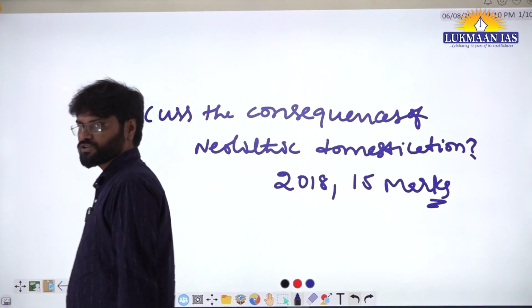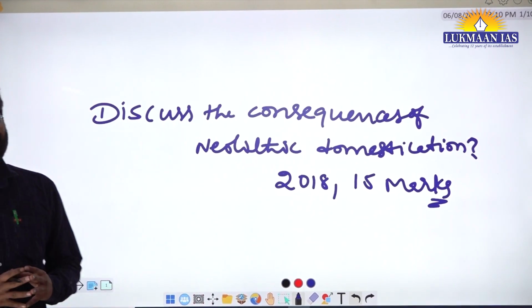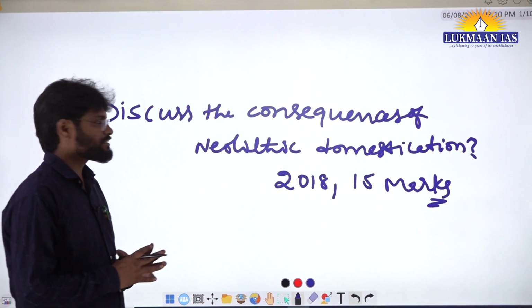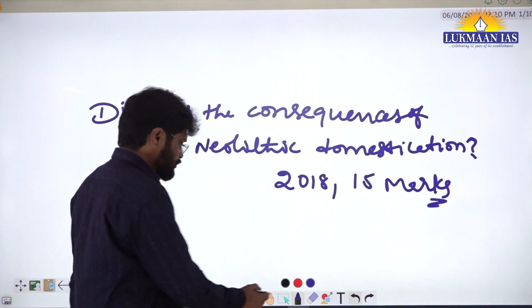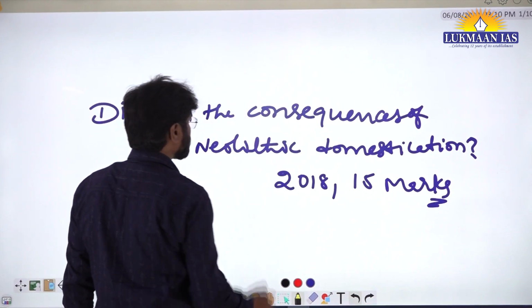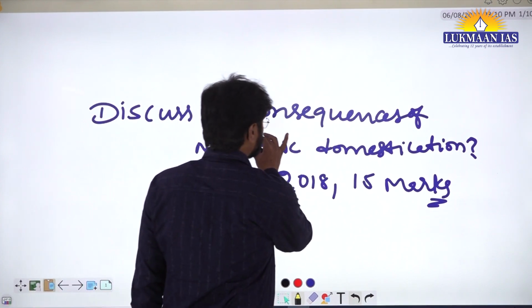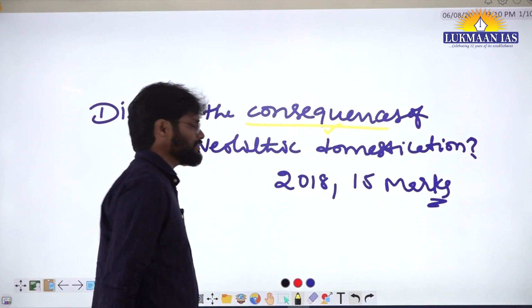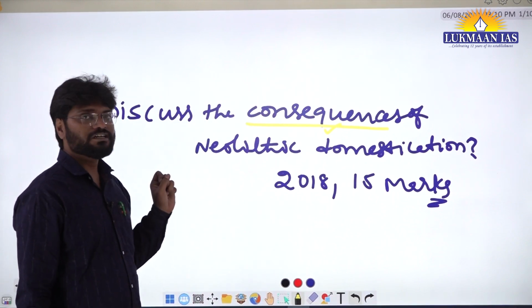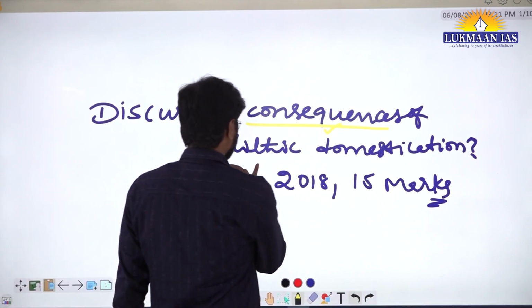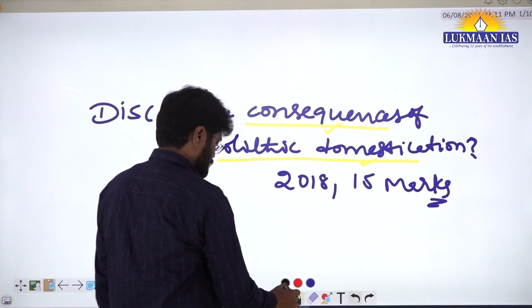If this is the question, what should we write to get more marks? First of all, you should remember that the examiner is focusing on consequences. First, strike out the keywords: the consequences of Neolithic revolution or Neolithic domestication.